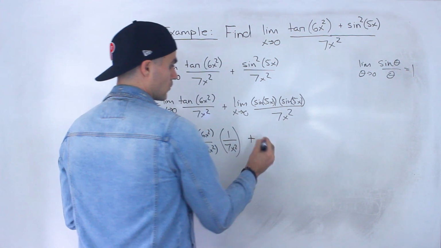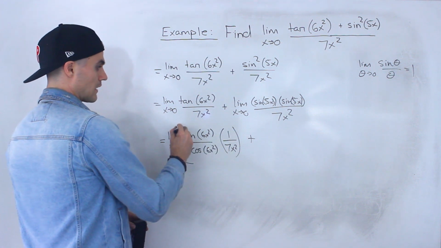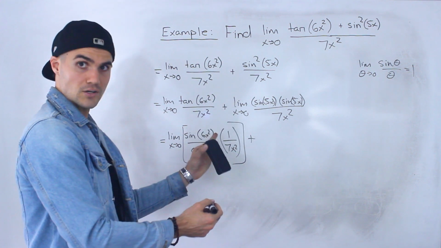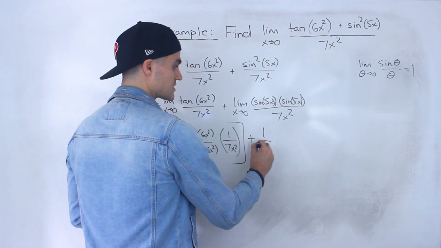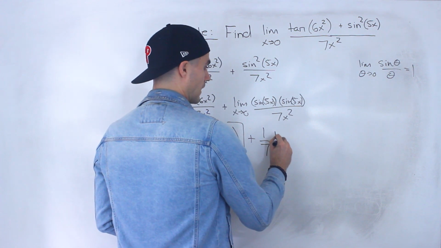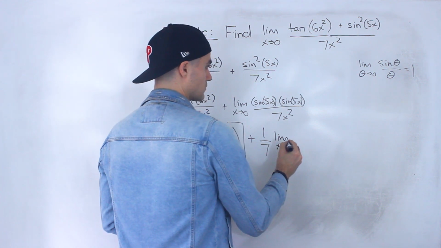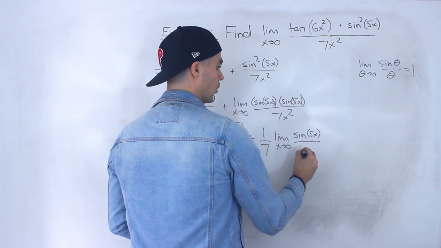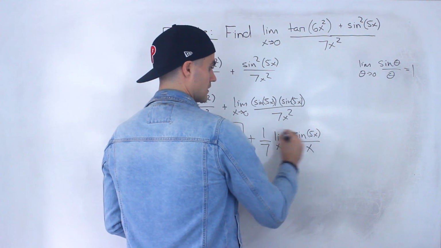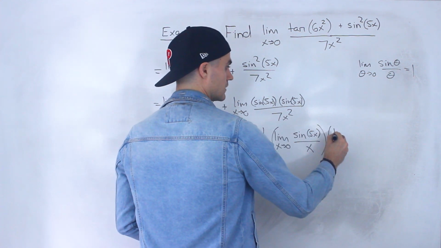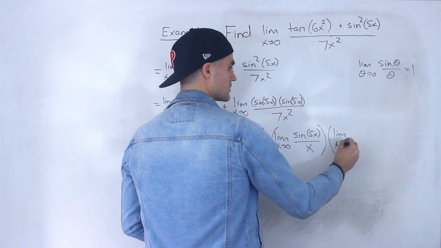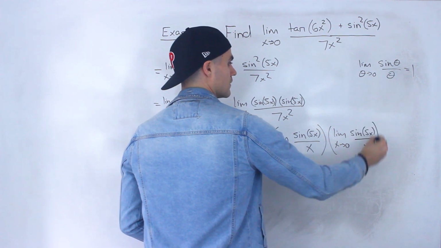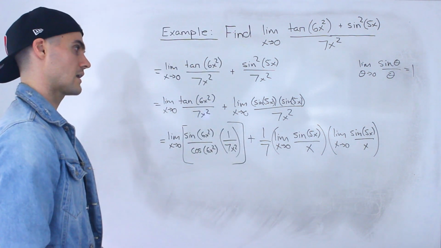Then for this entire expression, I'm going to factor out the 7, so I'll have a 1 over 7 out front. Then I'll have the limit as x approaches 0 of sine of 5x over x times the limit as x approaches 0 of sine of 5x over x, like that.